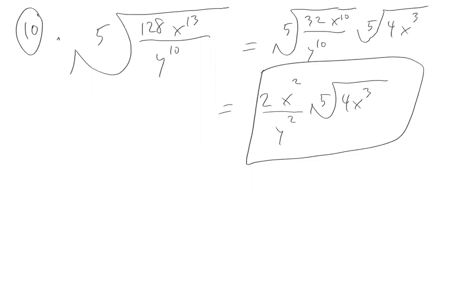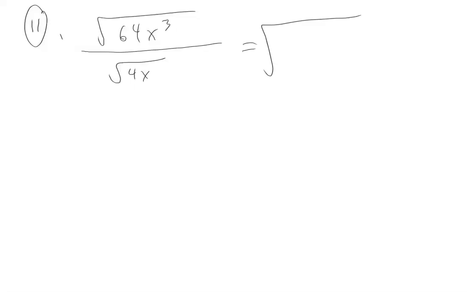All right, now let's try number 11. Number 11 says the square root of 64x cubed divided by the square root of 4x. It's all in a square root, so I can join the square roots together as one, because you have a factor on the bottom and top.